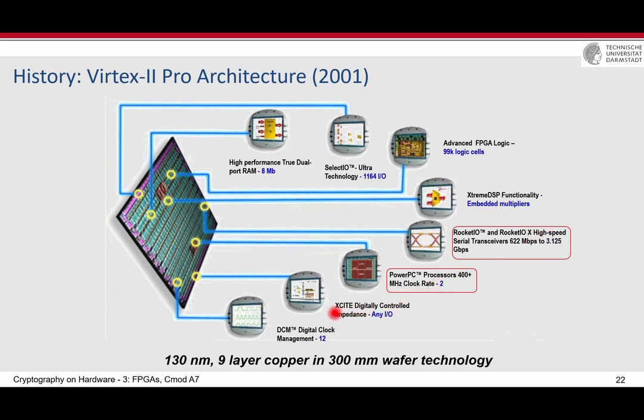It also had a PowerPC processor inside that you can realize, and DCM clock management. I don't know whether you are aware of some modules that you can add to hardware designs to, for example, slow down the clock or even multiply the clock. For example, PLL, if you have heard of it.